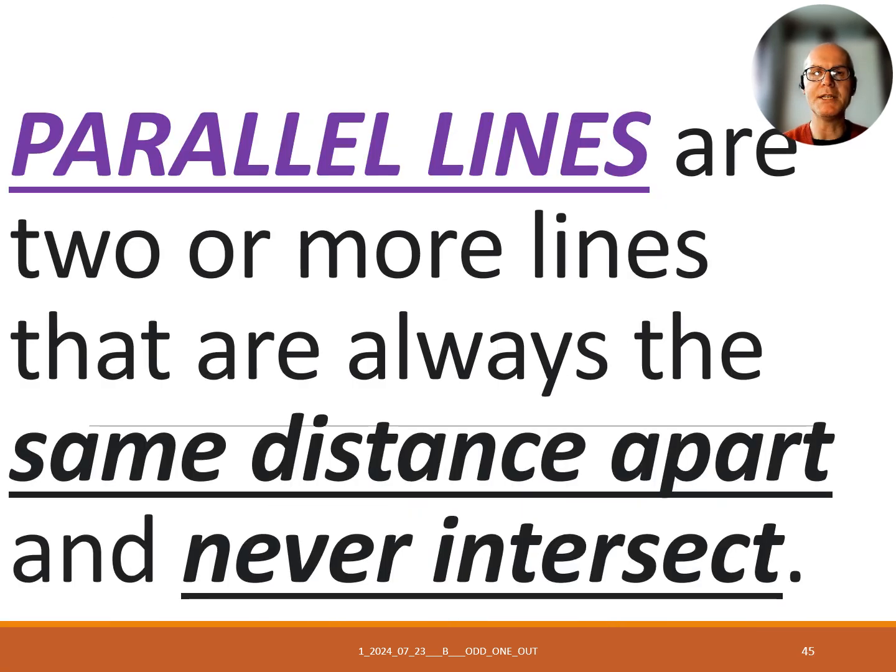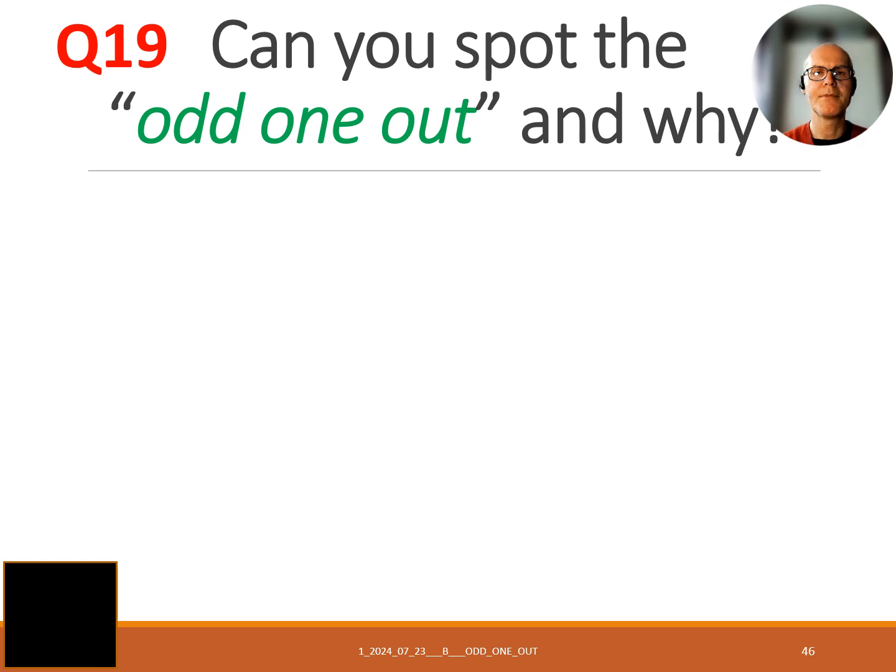The penultimate question, question 19, is a question based on parallel lines. Parallel lines are 2 or more lines that are always the same distance apart and never intersect. Remember, lines are infinitely long.